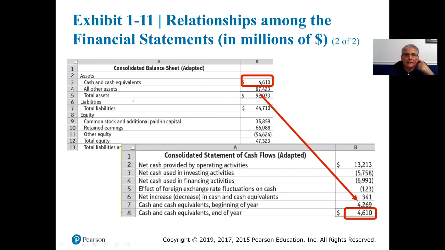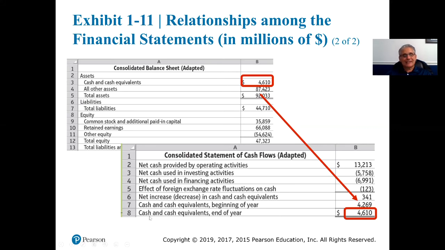Now, looking at the balance sheet, there's going to be some information that we have from the balance sheet that carries over as well. As an example, our ending cash and cash equivalents balance, as reported on the balance sheet, is 4,610,000,000. That number should in fact match what's reported on the statement of cash flows.